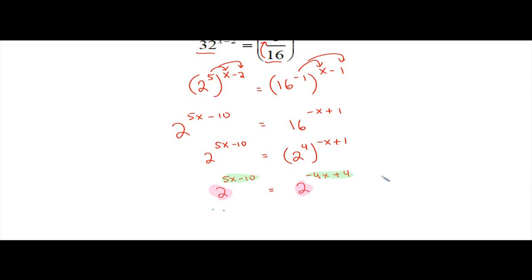So then now we know that 5x minus 10 has to equal negative 4x plus 4. So if you add 4x here, that'll give you 9x. Add 10 over here, that'll give you 14. Divide by 9, so we know x is going to be 14 over 9.